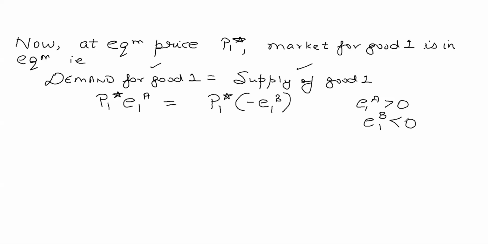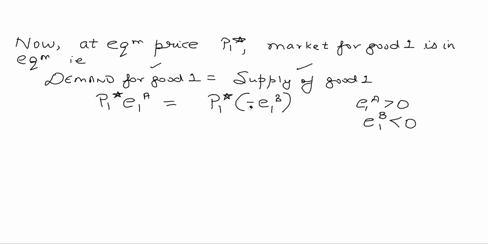Now, if at the price P1 star, A is the one who is demanding excess of good one, then for the market to be in equilibrium, who should supply it? Agent B. And since agent B is a net supplier of good one, it means E1B is negative. That is why I have taken a negative sign here. I hope this particular concept is clear to all the students.